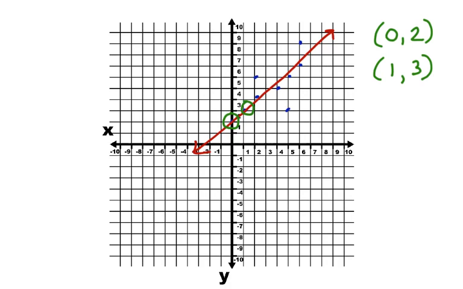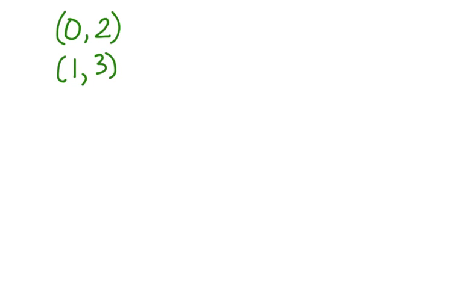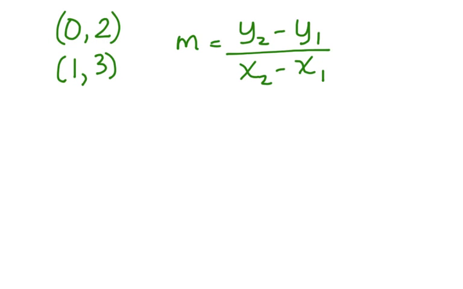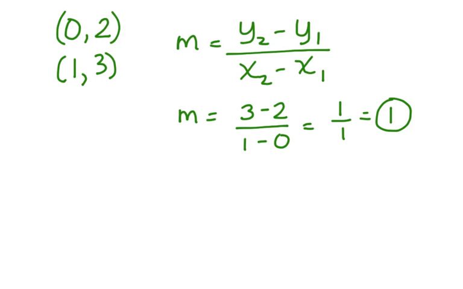Let's figure out the slope first. We can use the following formula to find the slope of a line when we have been given 2 points on that line. The slope equals y2 minus y1 over x2 minus x1. Now let's use the ordered pairs and fill in the values. The slope of this line is 1.